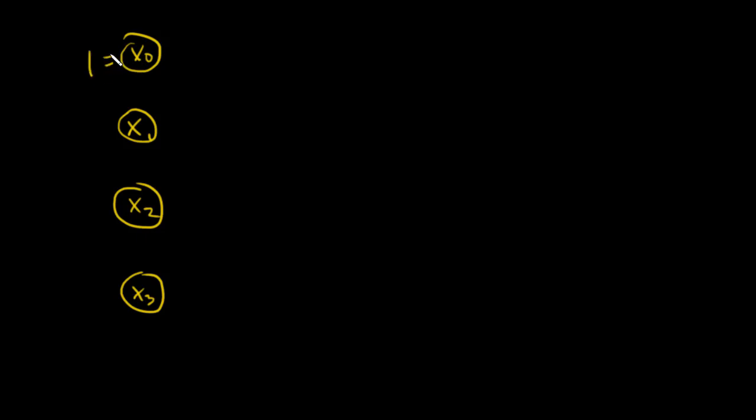Okay, so we are going to expand the model a little bit. We'll start with our x of 1, x of 2, and x of 3, and don't want to forget our x of 0, which is always equal to 1. And we're going to now feed the inputs into new nodes.